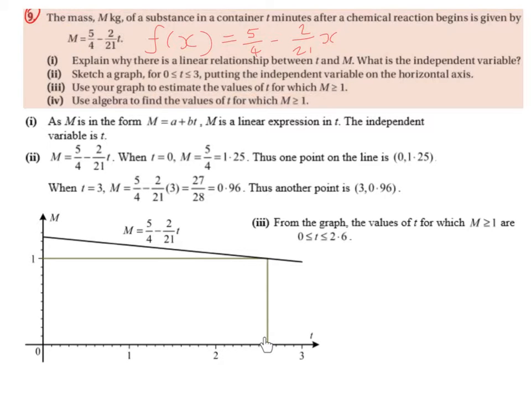And right up as far as 2.6. At 2.6 we are equal to 1. And then anything greater than 2.6, we can see that our m value gets less than 1. So m is greater or equal to 1 for t values greater or equal to 0 and less than or equal to 2.6.